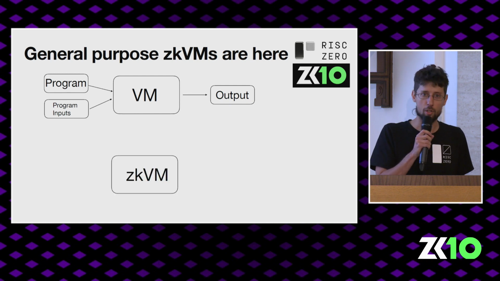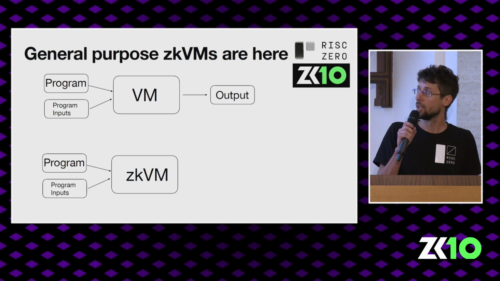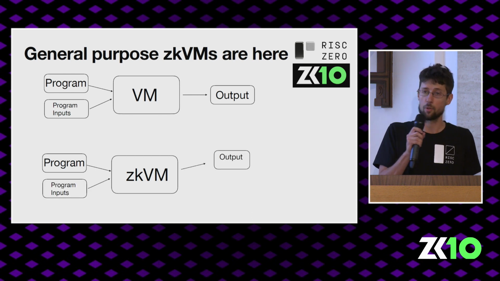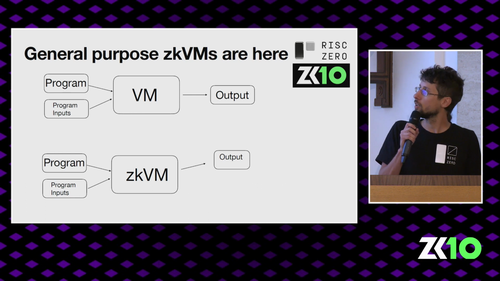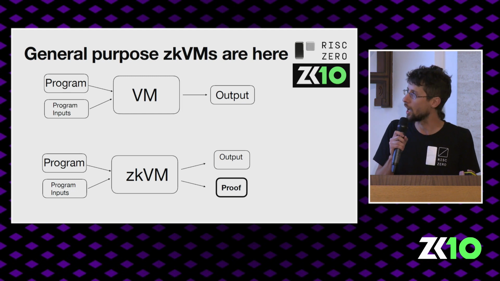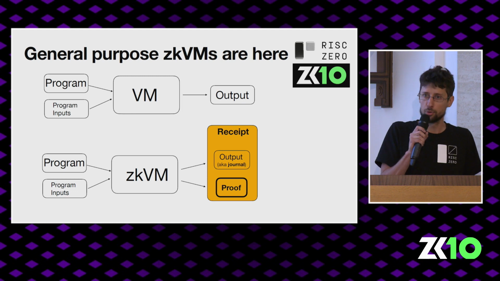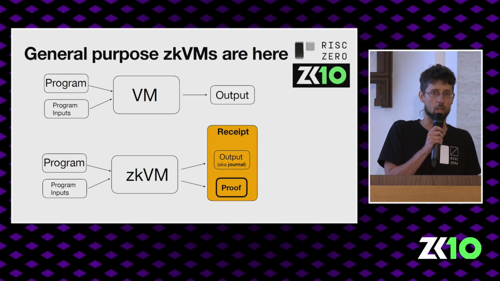In a zero-knowledge virtual machine, you have a very similar setup: you feed in some program, you feed in some inputs, you get out some output. But in addition, you get out a proof that the output actually corresponds to the program and the inputs that you specified. At RISC Zero, we package this output and proof into one object that we call a receipt.